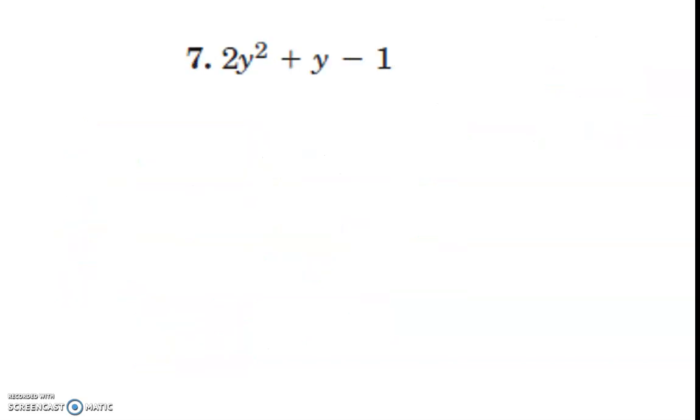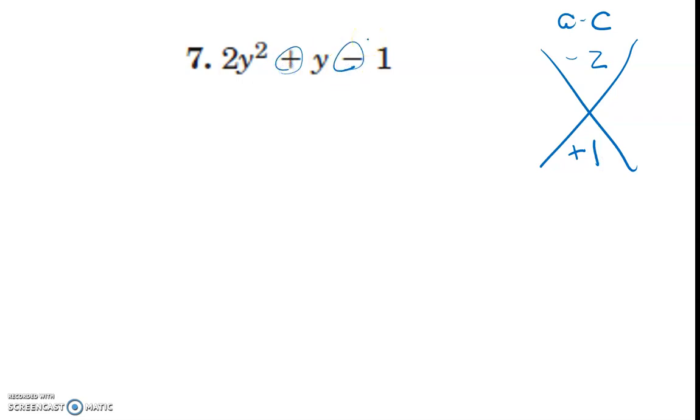Now 7 is going to be a little unique for us. We hadn't necessarily talked about this. So if I create my x, remember this is A times C, which is going to give me negative 2. My bottom term's a positive 1. So because of this combination here, I know that I'm going to have opposites. This one has to be positive, this one has to be negative, or negative positive, but I know they're going to be opposites.